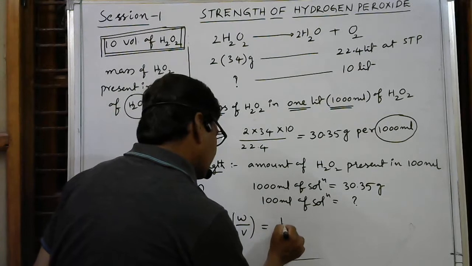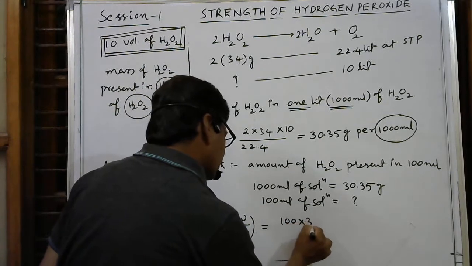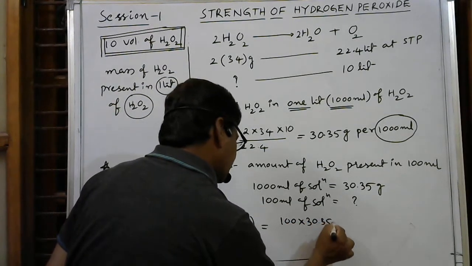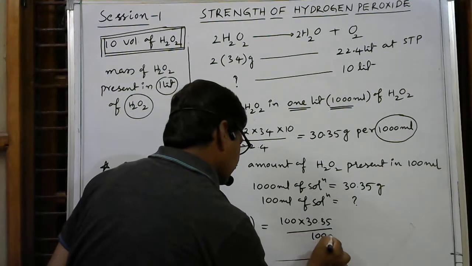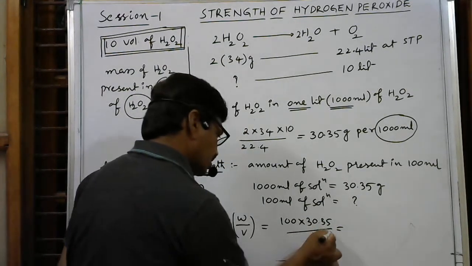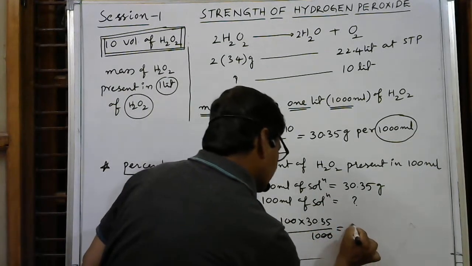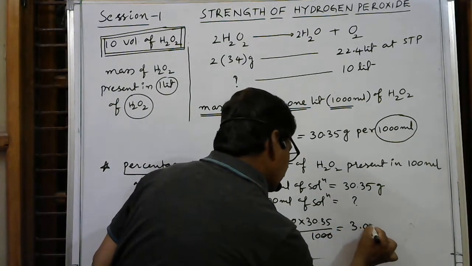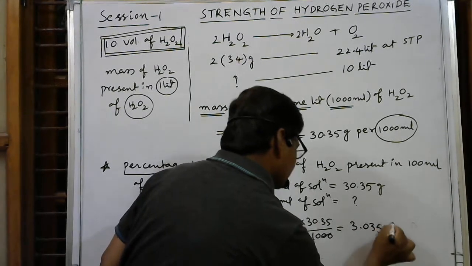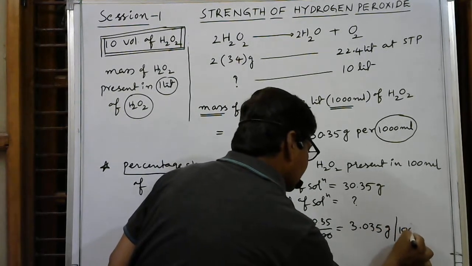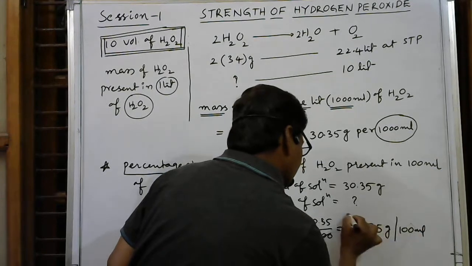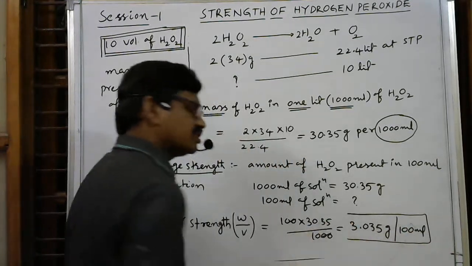So 100 into 30.35 by 1000. It is a simple calculation. These two get cancelled, so it is now 3.035 grams per 100 ml. This is the percentage strength.